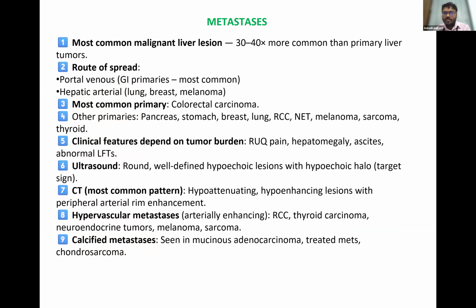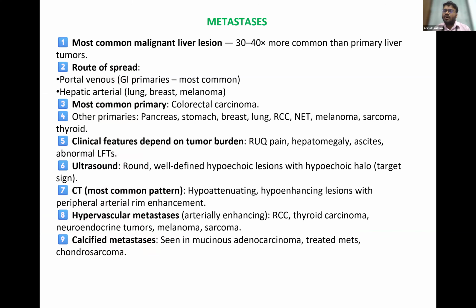so the metastasis can occur from colorectal cancer. Other primaries are stomach, breast, lung, RCC, neuroendocrine tumors, melanoma, sarcoma. How will it appear on ultrasound? It will be round, well-defined, hypoechoic lesions with hypoechoic halo. That is the target sign.